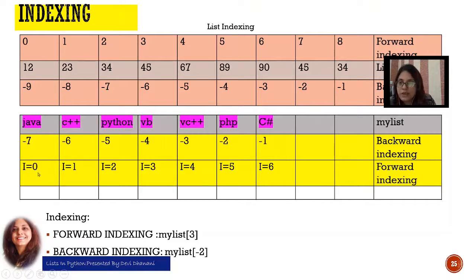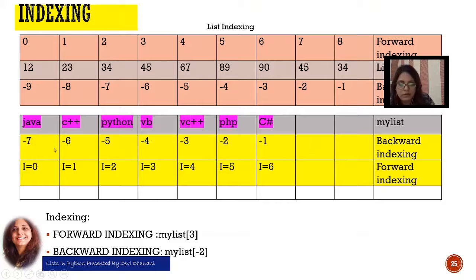Now, if I wish to assign index values to these list elements, if I take a forward indexing that goes from left to right, we'll see that the index value of Java will be 0, 1, 2, 3, 4, 5, 6 subsequently for C#. If I take a backward indexing, it starts from -1. We go to -2, -3, -4, -5, -6 and -7 for the last element, that is -n.